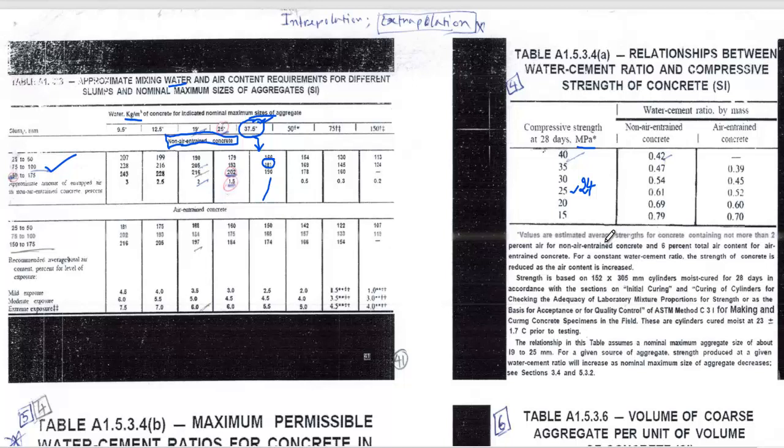Here the information is given for 30 and 25, but no information is given for 24. So what you can do? You can do the interpolation, right? By doing the interpolation, you can calculate the water cement ratio for this. Do you understand?